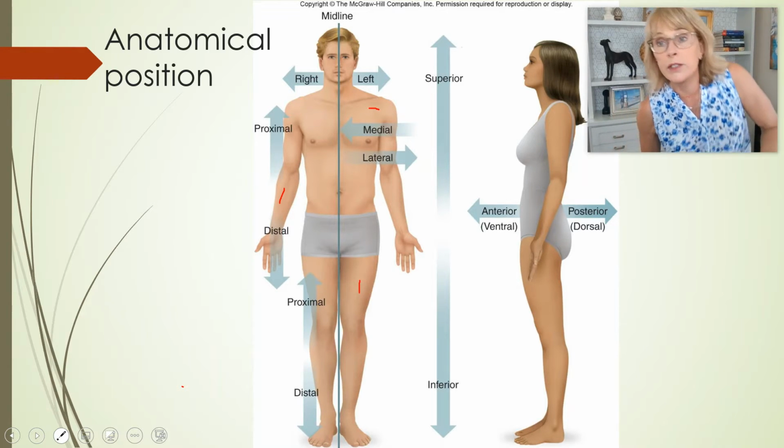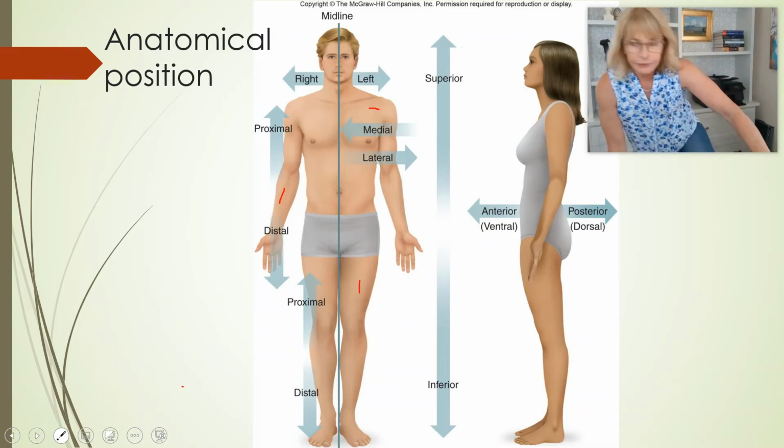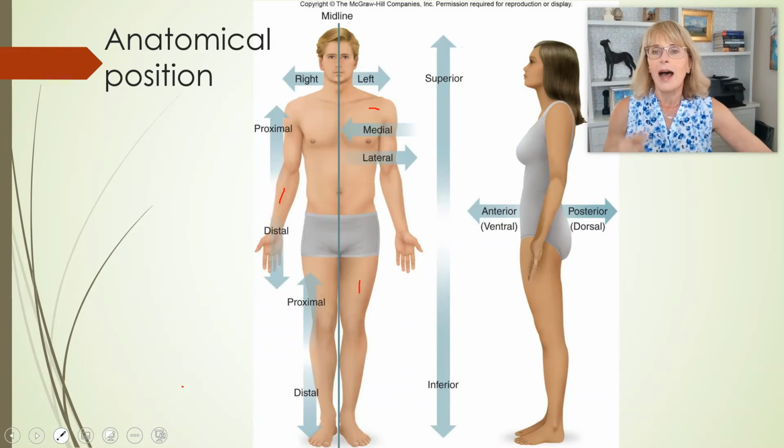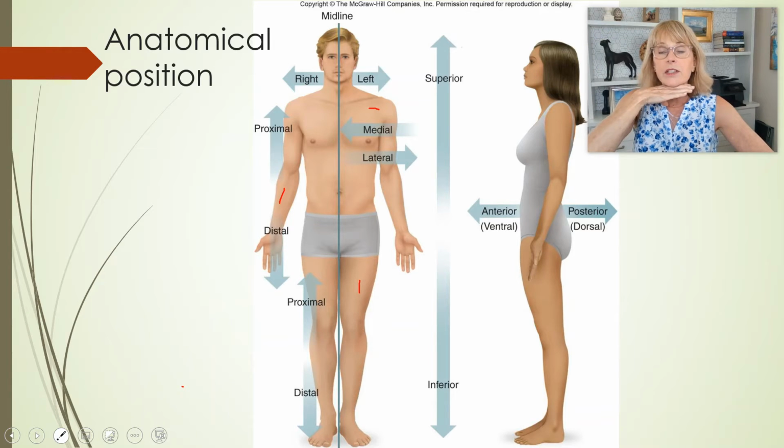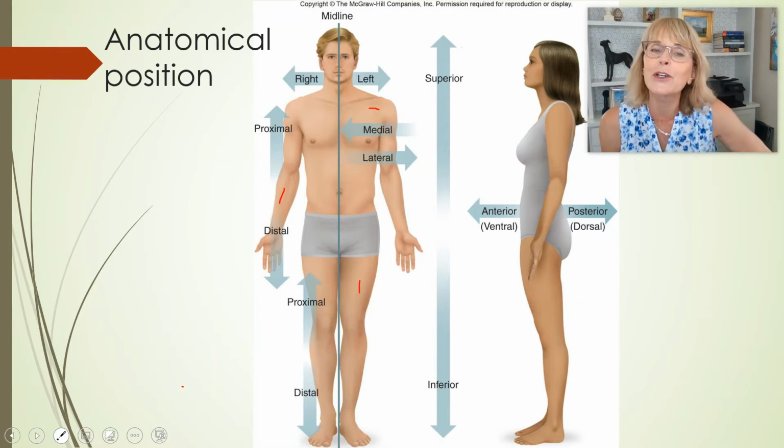Here are 2 different ways that we could use that. I could say that my nose is superior to my mouth because my nose is above my mouth, right? I could also say that this was the superior aspect of my skull and this is the inferior aspect of my skull. Okay, so a couple of different ways, superior and inferior.